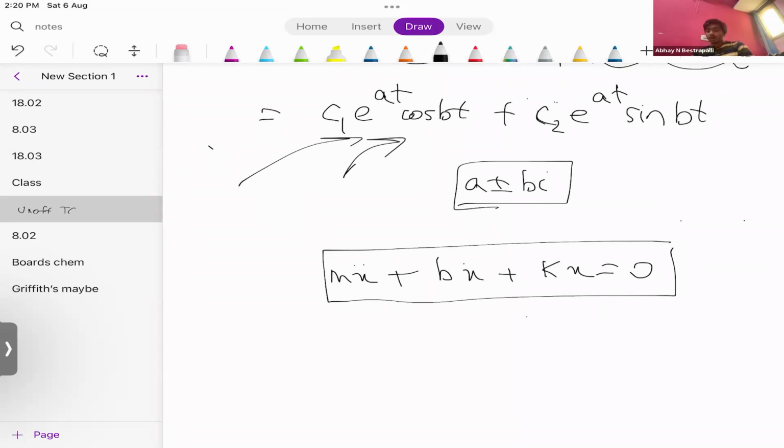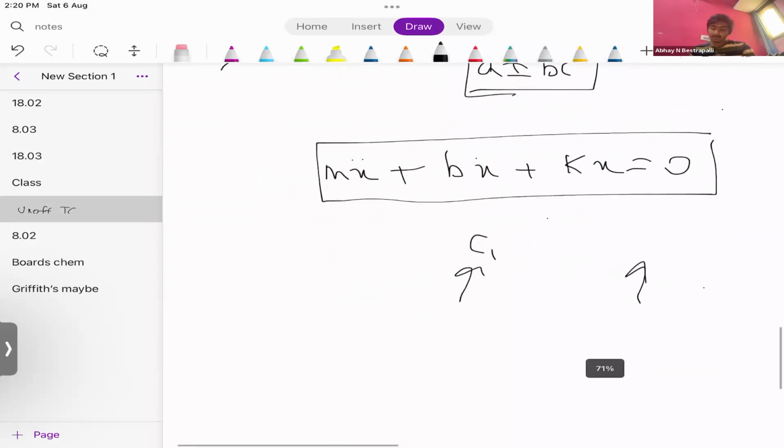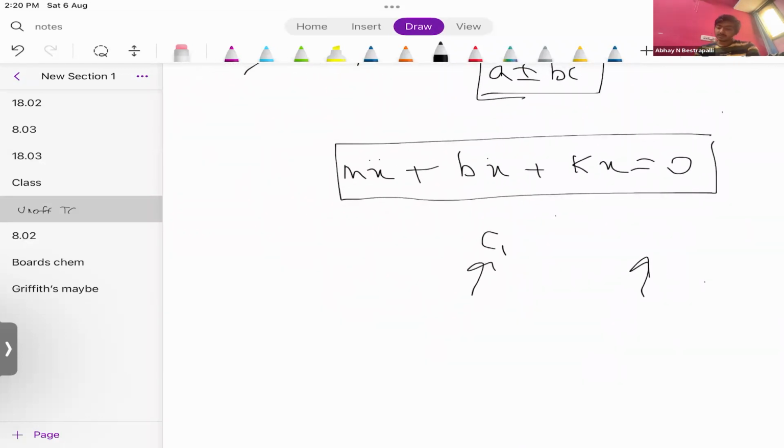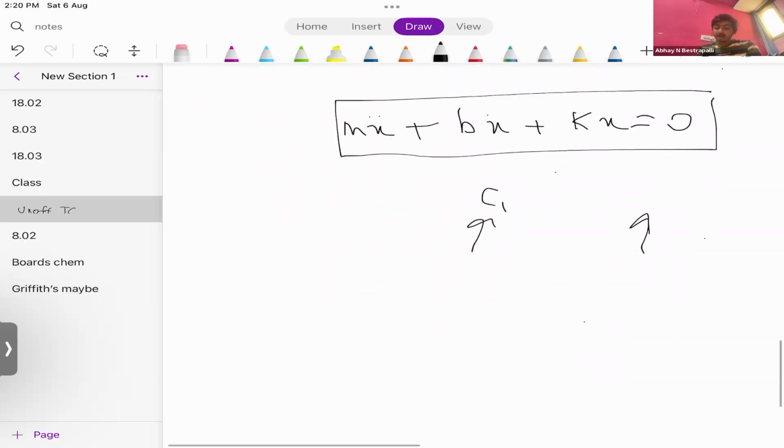You can find the solutions to such an equation, and the solution has the form of either exponentials or cosines and sines, and you have some constants which depend on the starting conditions, the boundary conditions. Don't worry too much about the exact solutions.